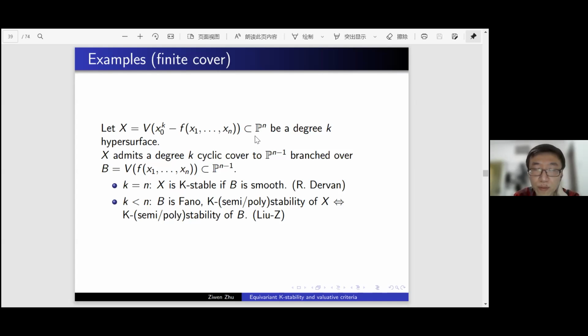This is proved in Yuchen Liu's recent paper, where he shows that the K-stability notion of cubic fourfolds coincides with the GIT stability notion, which generalizes the results for cubic threefolds, where in Yuchen Liu and Chenyang Xu's paper, they also prove that for cubic threefolds, K-stability coincides with GIT stability.